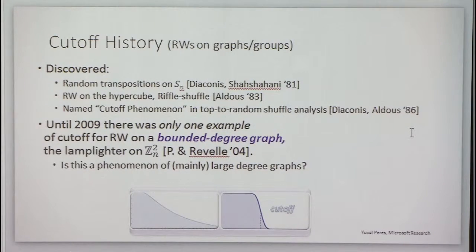And the earliest examples of cutoff were in the setting of groups. So random transpositions on the permutation groups. You have n cards. Choose one card with the left hand, one card with the right hand, and transpose them. It might be the same card.